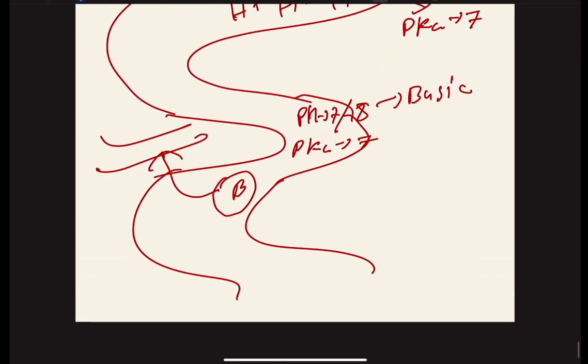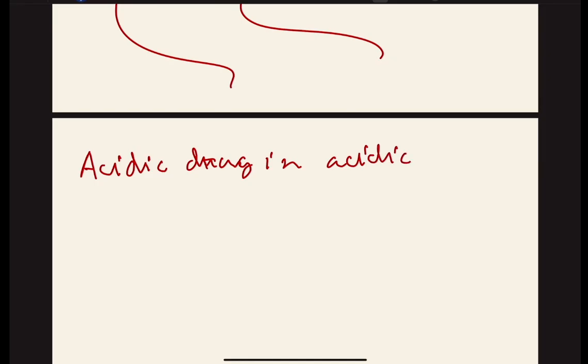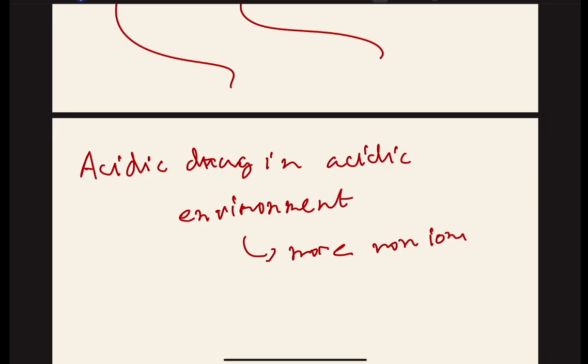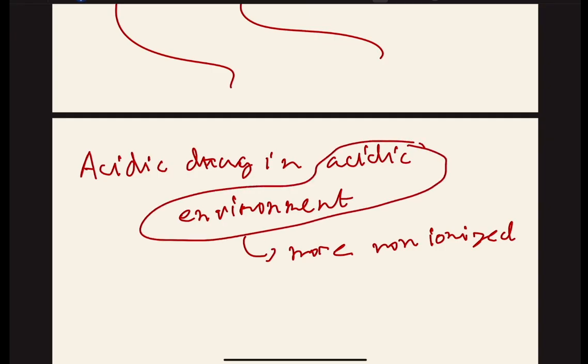It can easily cross the biological membrane and get absorbed into the circulation. So from this we have come to the conclusion that an acidic drug in an acidic environment is more in non-ionized form. You have to remember that this environment is relatively acidic to this acidic drug.